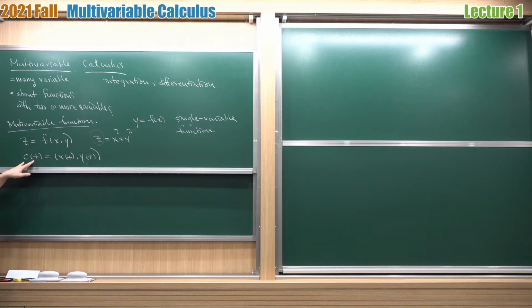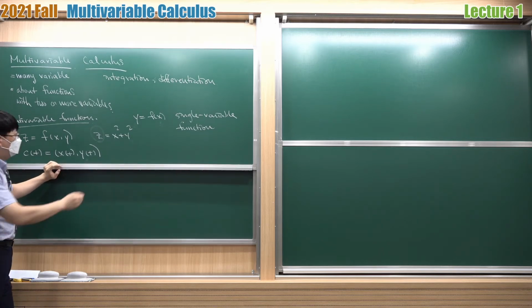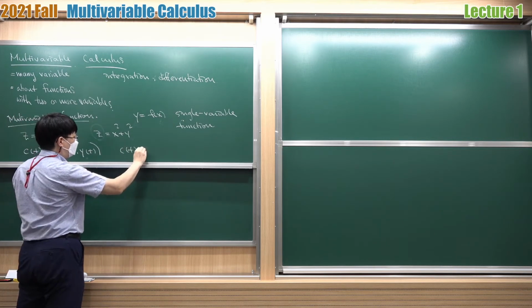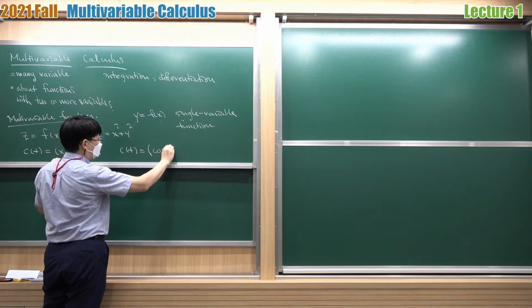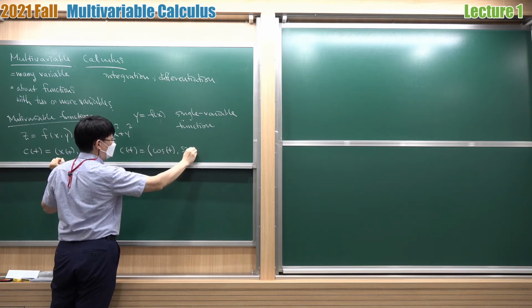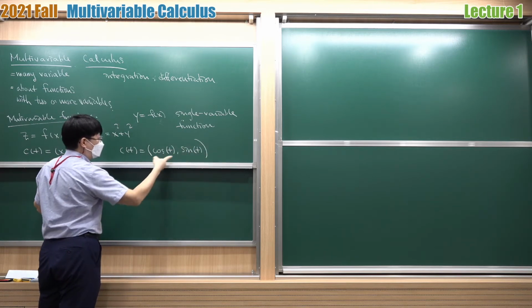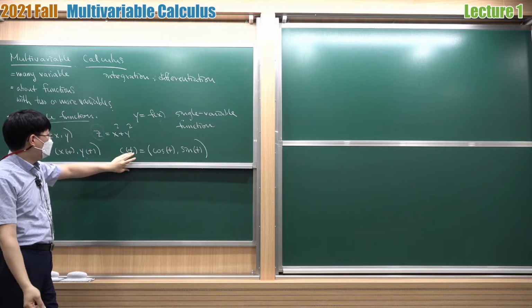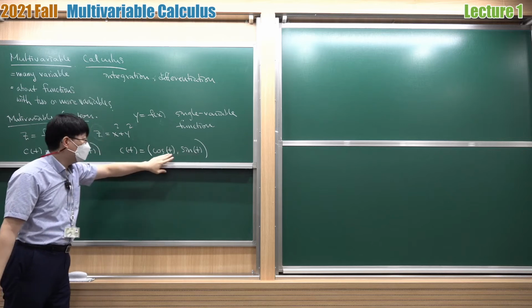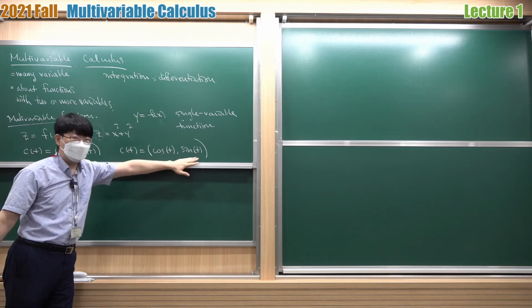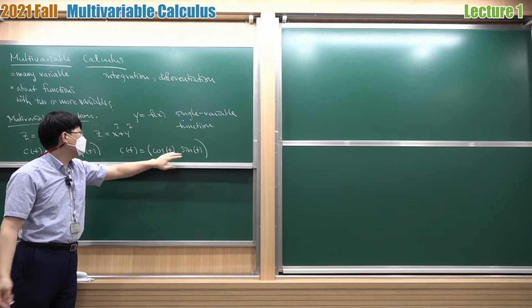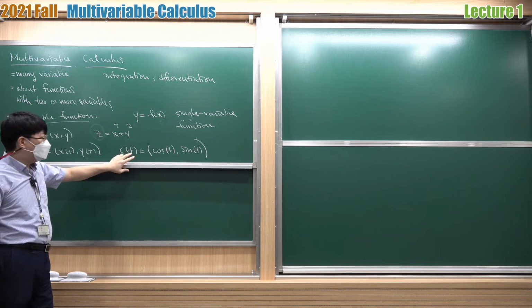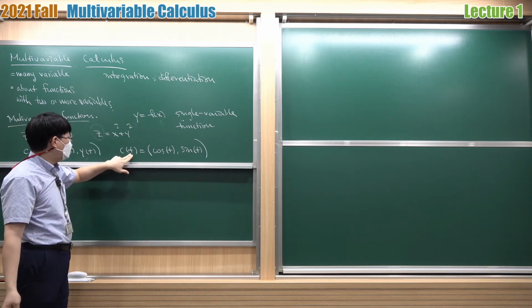So how about this one? We have two dependent variables and one independent variable. For example, I can set c of t equals cosine t and sine t. These two dependent variables, x and y, are dependent on a single independent variable t.